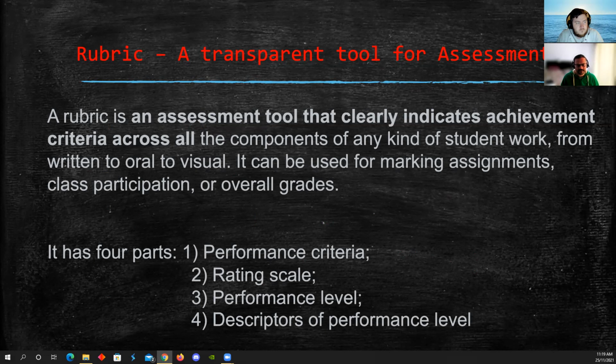It has 4 parts, the performance criteria, so you understand what criteria you need to fulfill to get a grade A. Along with the criteria, you have a rating scale, so you understand that if you get a grade A, you get 80% or 85% plus. It also gives you a performance level like grade A, A plus, A minus and so on, and it gives you descriptors in them.